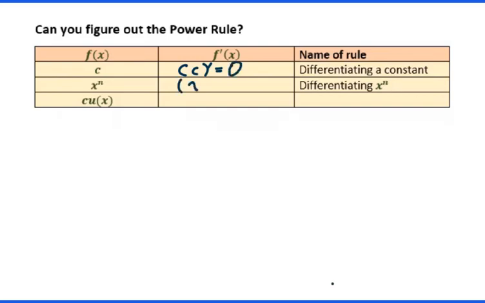For x to the nth power, the derivative equals n times x to the n minus 1th power. For say times u of x, when we do the derivative, it equals say times u prime of x.